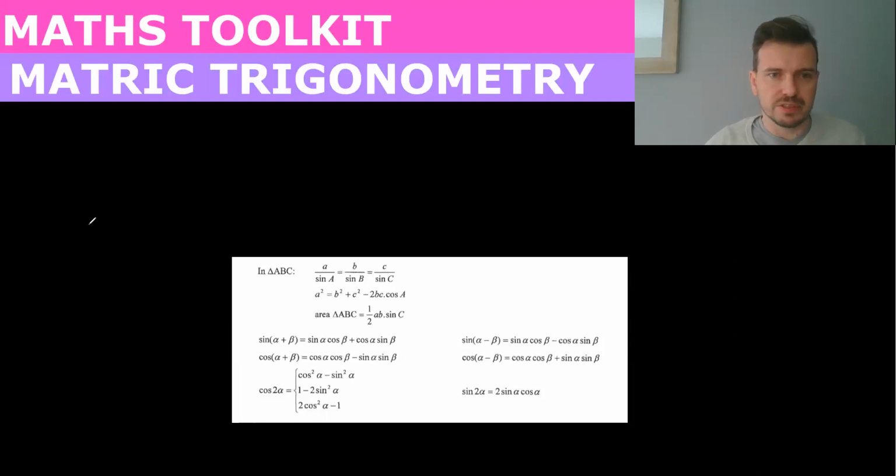So let's say that this is your triangle here. The capital A stands for the angle. And then the little a is the side opposite that angle.